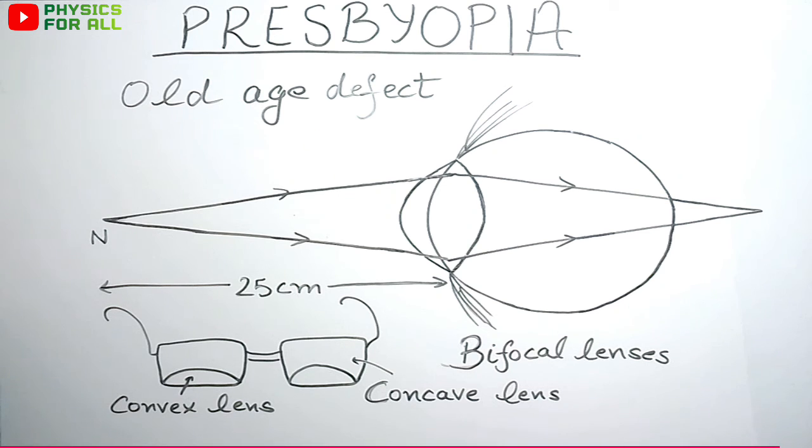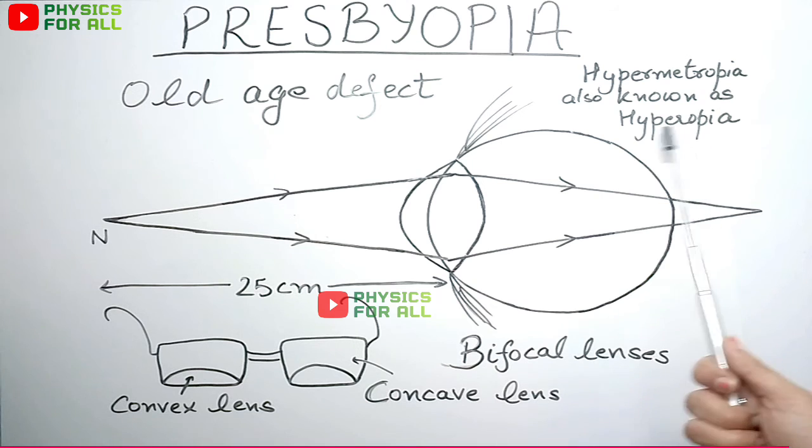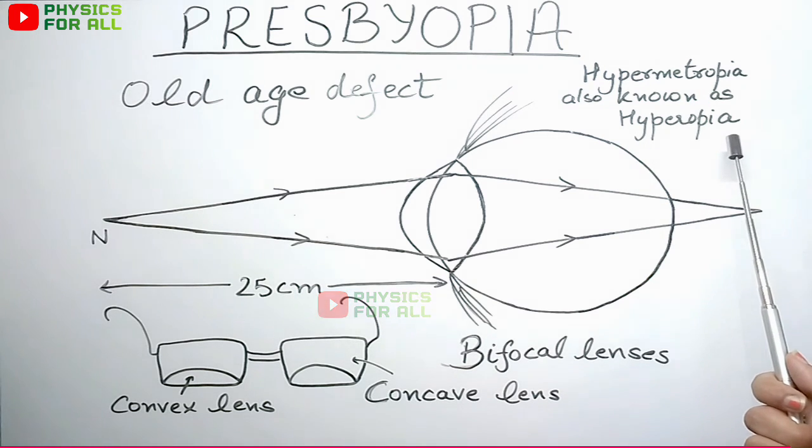And some go for different surgeries also, where they just cure the damaged part. One more thing, the defect that we studied known as hypermetropia, also called farsightedness, is also known by another name, which is hyperopia. So you might see this term also.